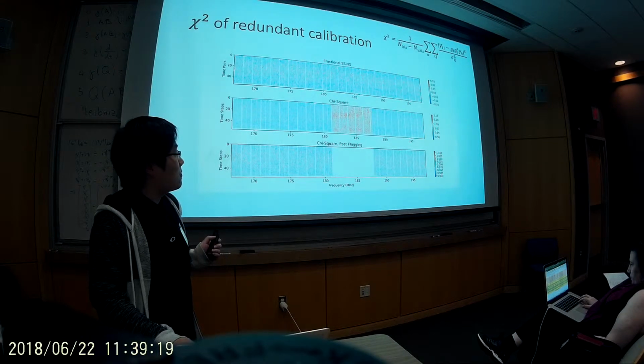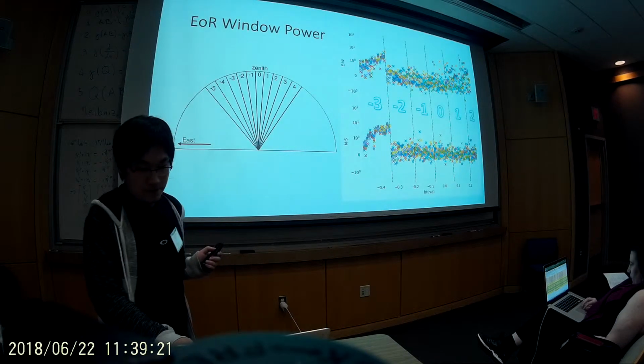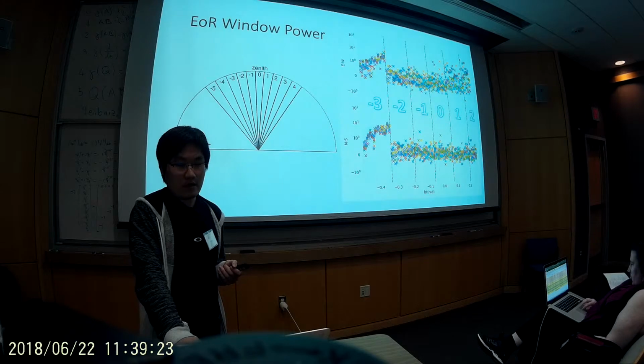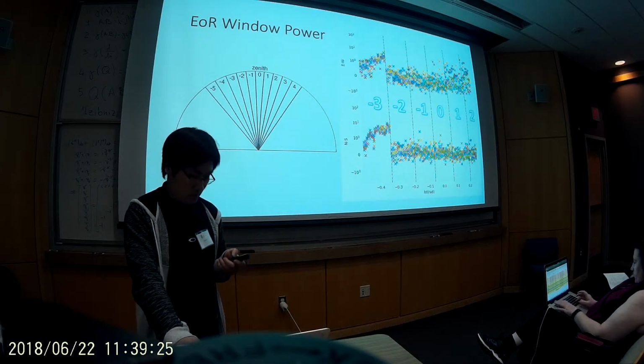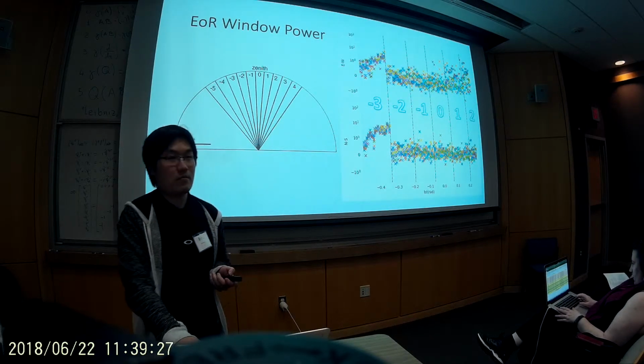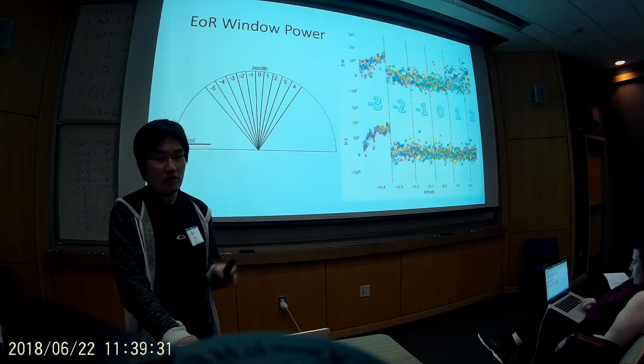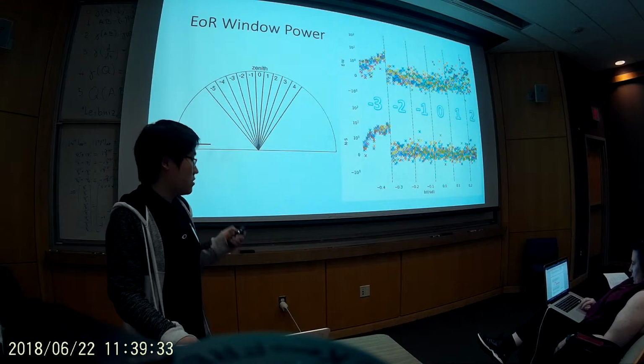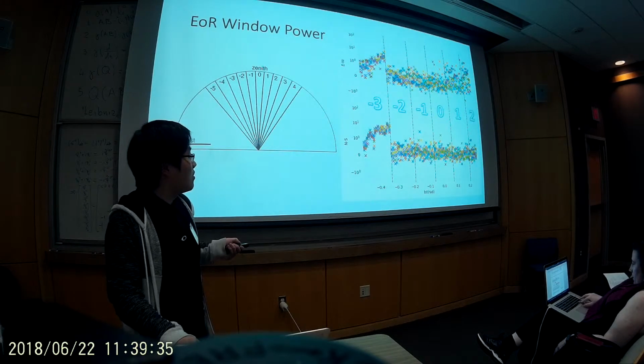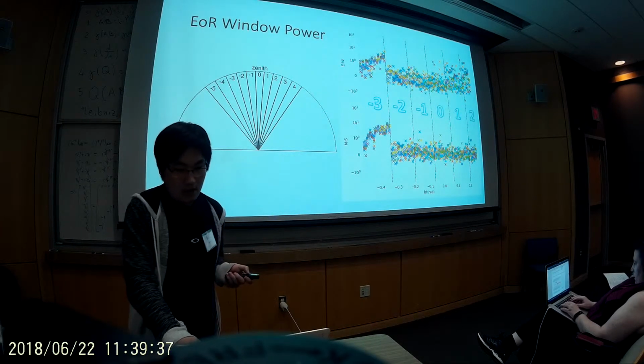So this is chi-square, and the third quality metric is the window power. This is, I would say, an ultimate metric. I calculate the power spectrum for each individual observation and plot it as a function of local sidereal time.